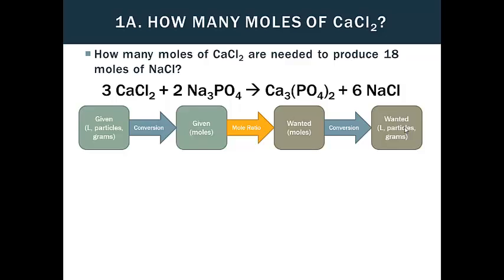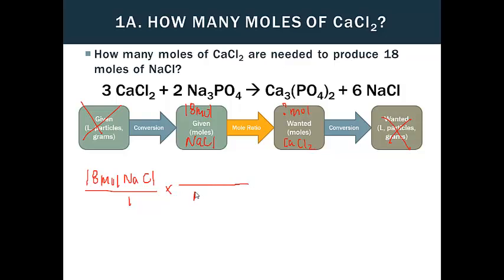How many moles of CaCl2 are needed to produce 18 moles of NaCl? In this case, I was given 18 moles of NaCl, which means I don't need this box. I was also asked for how many moles of calcium chloride, so I'm not going to need this box either. I'm just going to go from 18 moles of sodium chloride and convert this using a mole ratio.